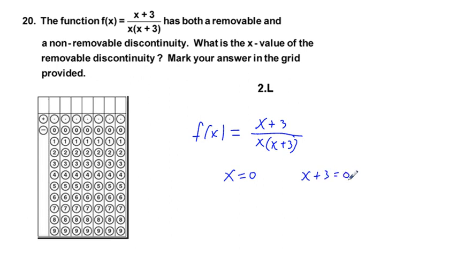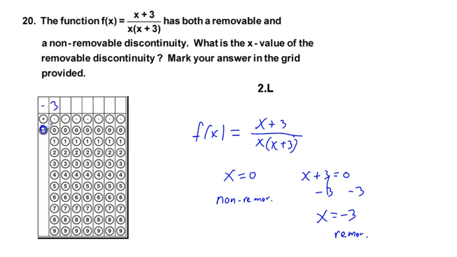And solving for x, we have x is equal to negative 3. So that is going to be our correct answer. It's going to be non-removable, and this will be removable. So we'll put negative 3, negative sign.